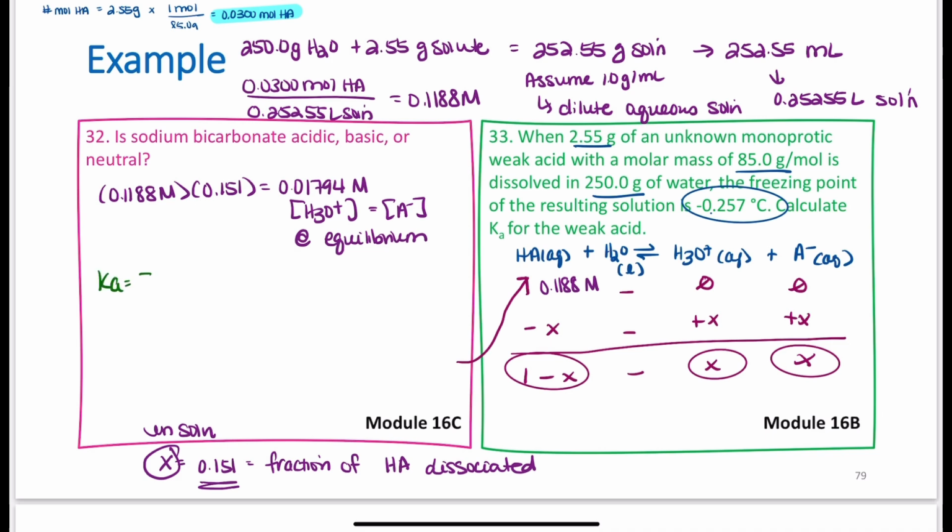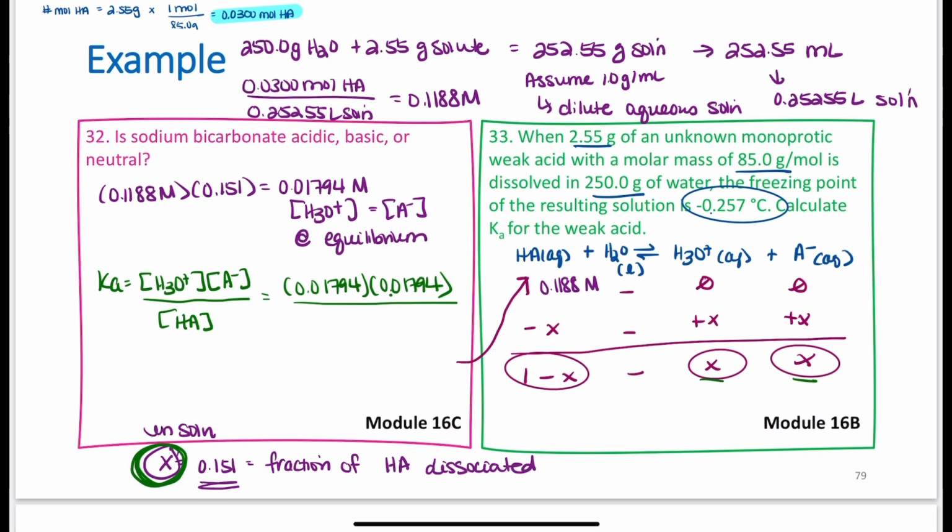I wrote the Ka expression here: H3O plus, A minus, and HA. My numerator, 0.01794. It is molar, but the units aren't going to matter in a second. 0.01794 for each of these at equilibrium, okay?